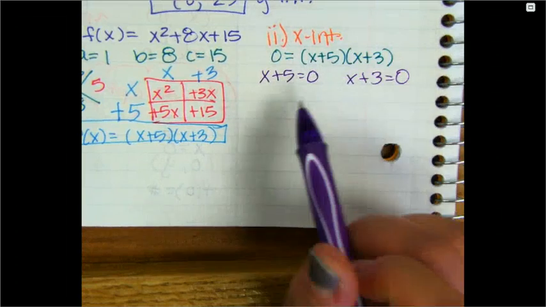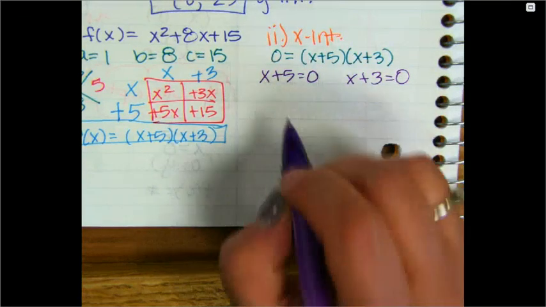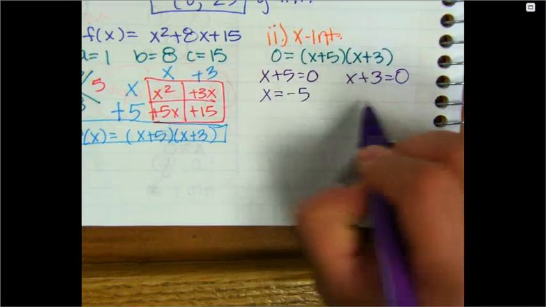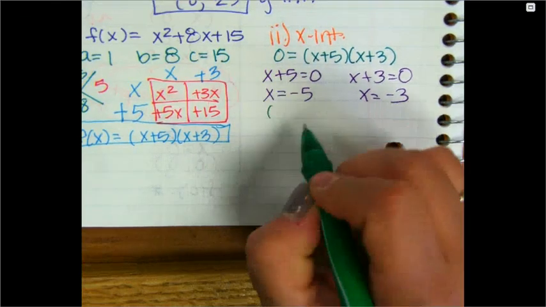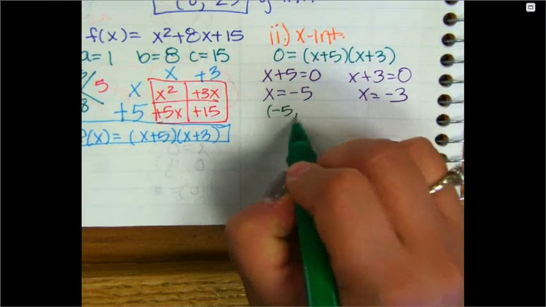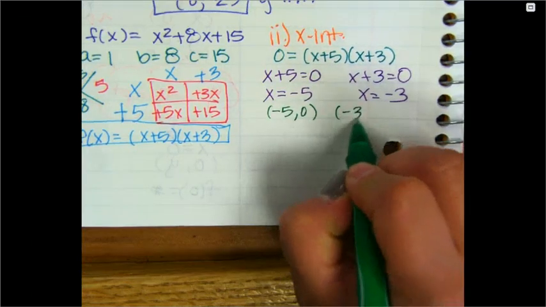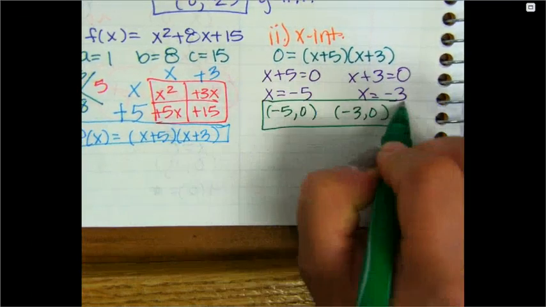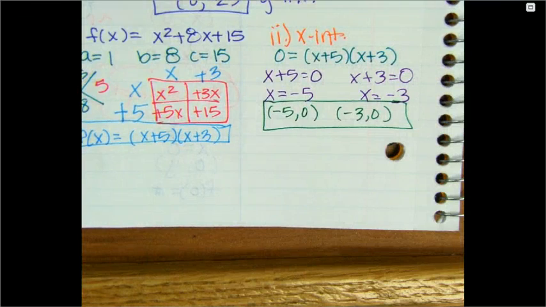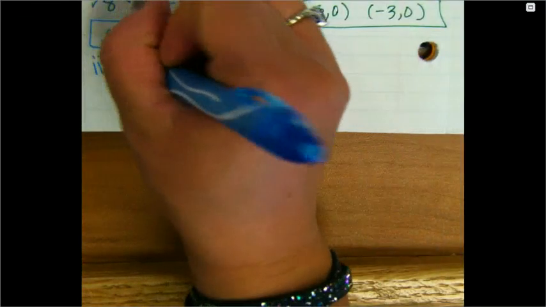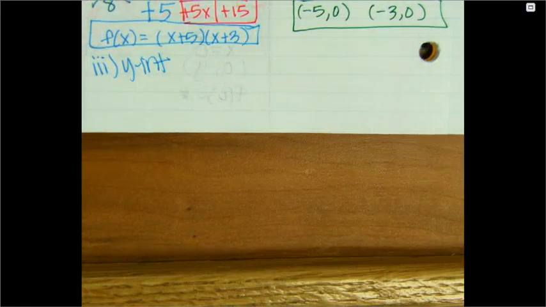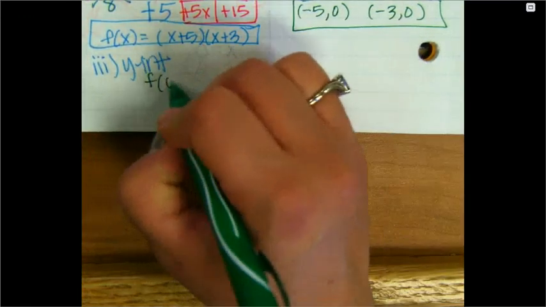All right, here, what do we get? Negative 5 and negative 3. Good. Ordered pairs? And? Good. Good so far? Last one is what? Y-intercept. Which means we plug in what? F of 0. Very good.